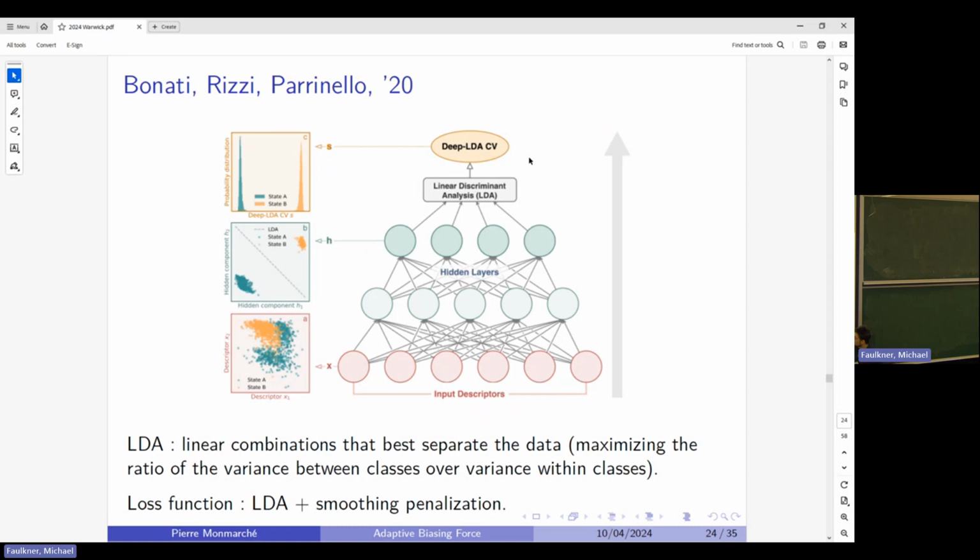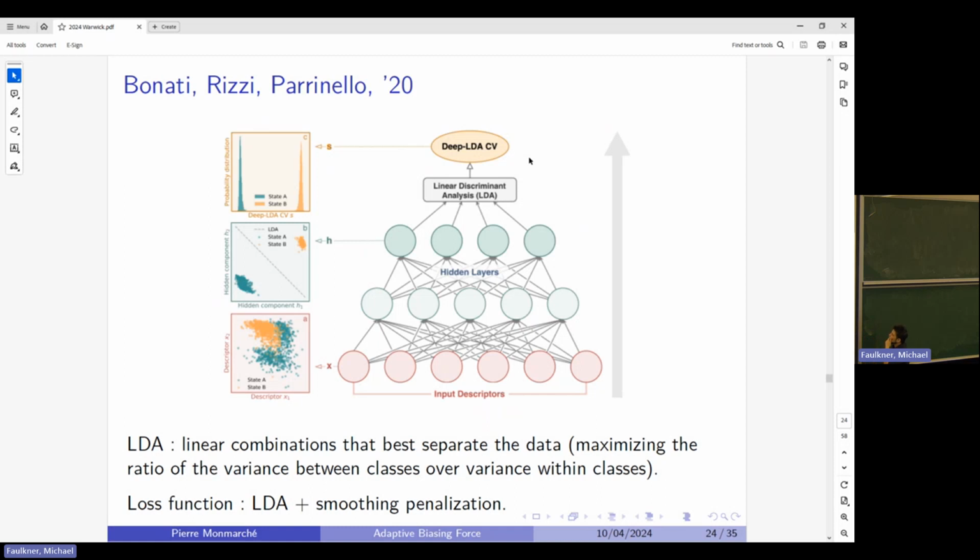From this you want to construct a collective variable. They say it's a classification problem: we want a collective variable which tells us if we are from mode A or from mode B.